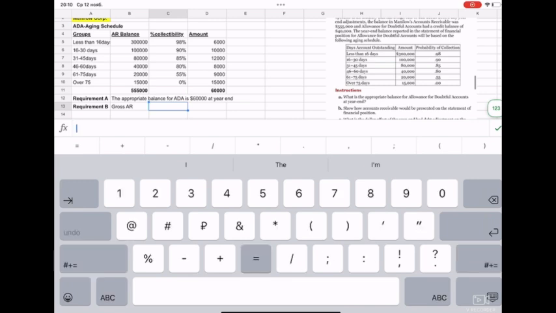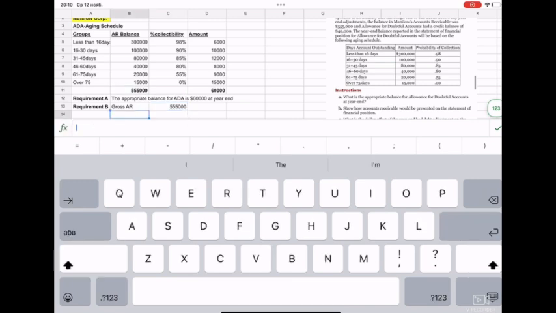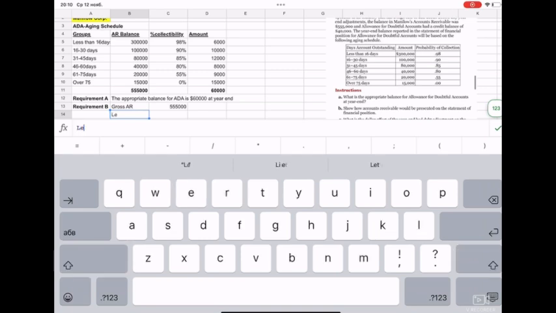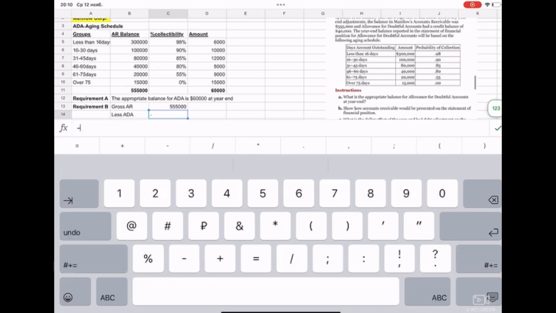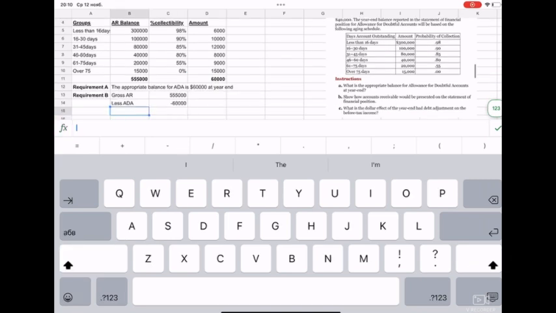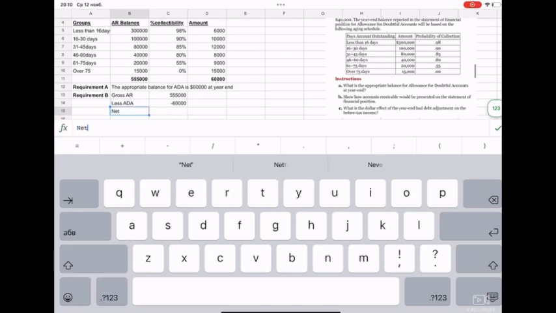And here we have the net account receivable, which is equal to the sum of gross account receivable and the allowance. So the answer is 495,000. Okay, it was requirement B. Let's move to requirement C.